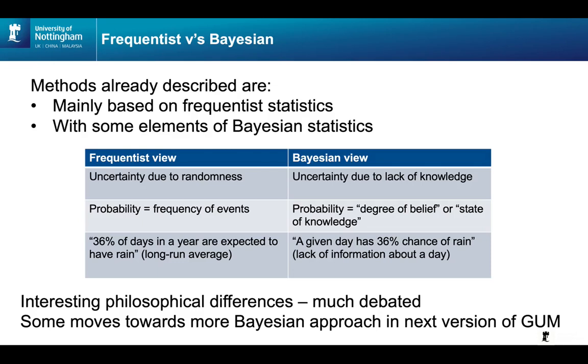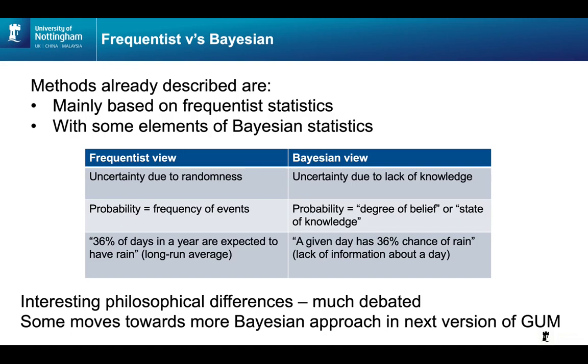This is purely out of interest: all the statistical methods we've been using have been what's called frequentist statistics. There is another approach to statistics which is called Bayesian, and the method that's in the GUM is frequentist, but people are seriously considering going towards a Bayesian approach. So at the moment, the GUM is based on frequentist, and there are a few elements of Bayesian.